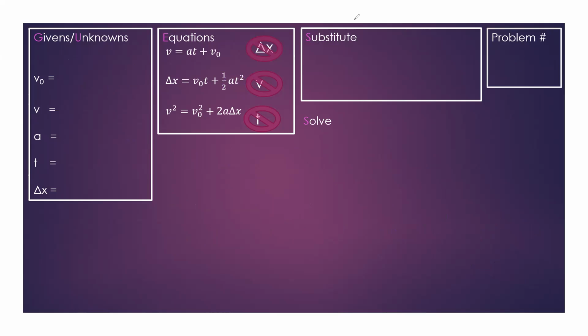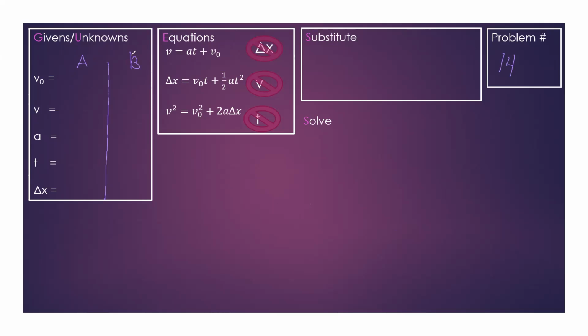All right, the next one I did was 14. So again, we're going to have to set up two trains. So we'll have train A, we'll have train B, and we'll have to set up two sets of equations for them.